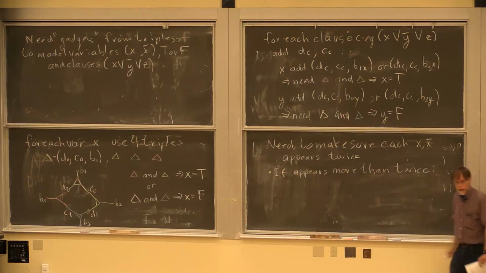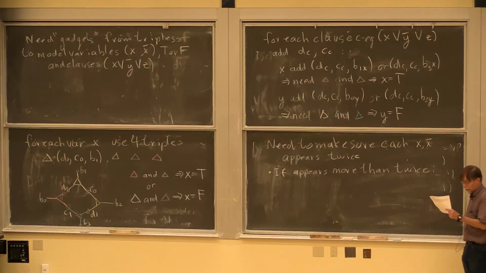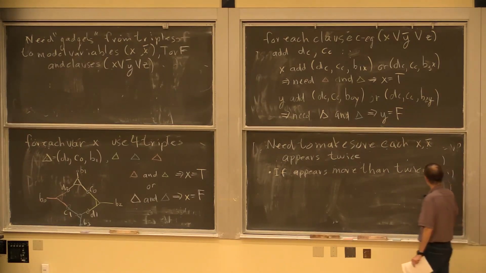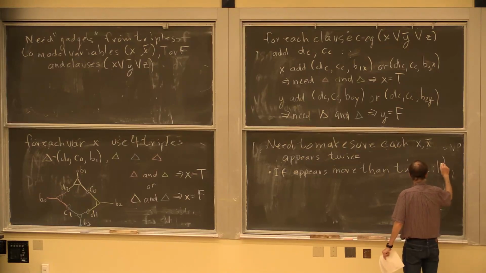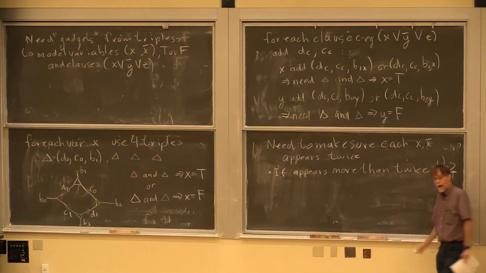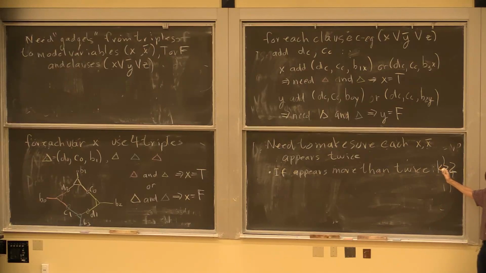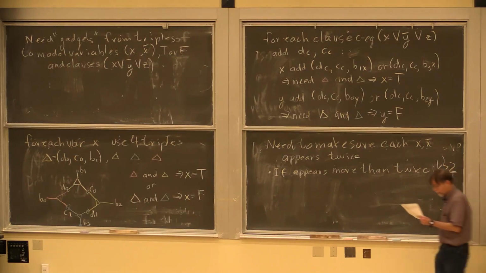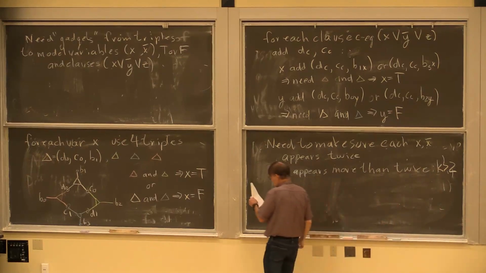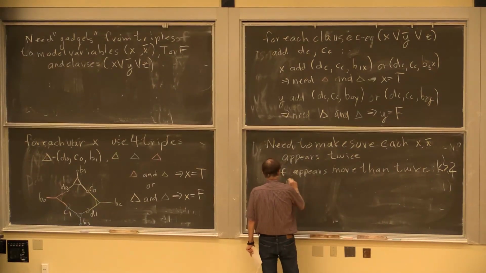So 3 times, 4 times, however many. Let's suppose it appears k times, for some number k greater than 2. I'm going to add some new variables and make sure that they're all the same, and so I get the same 3SAT problem.